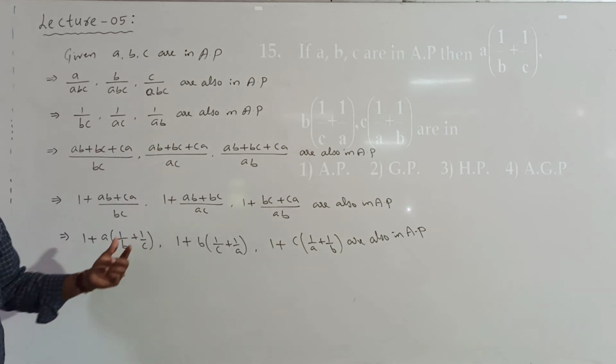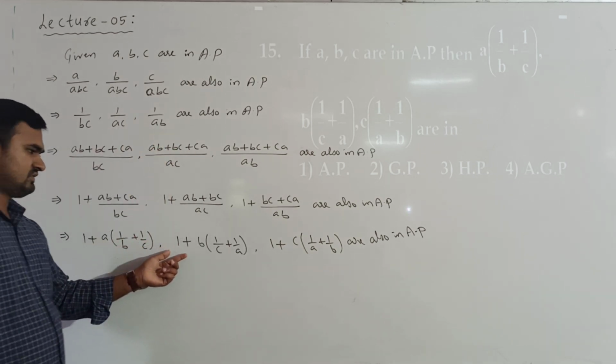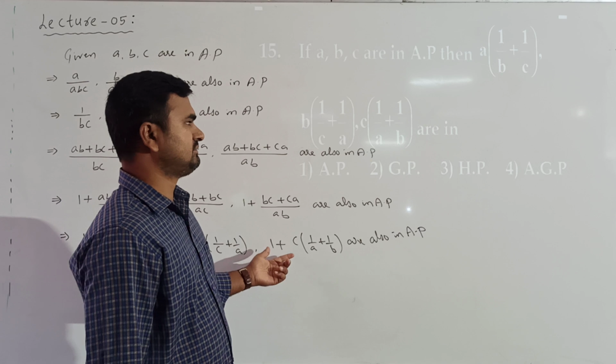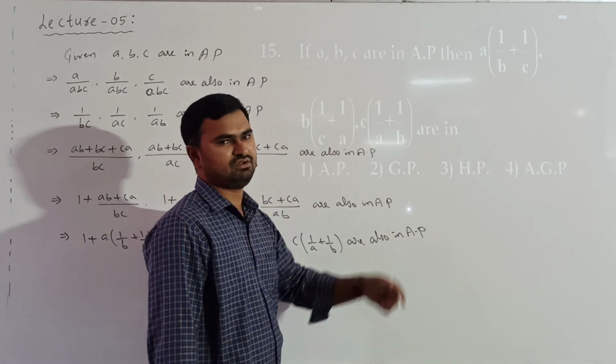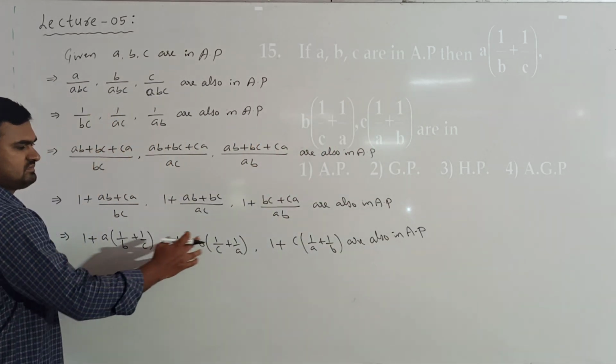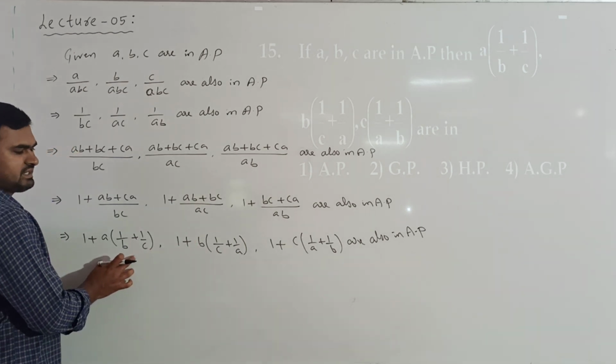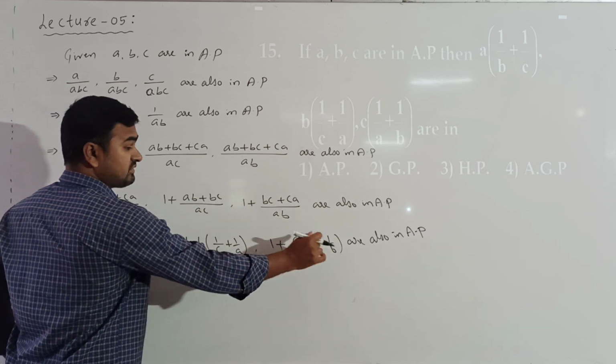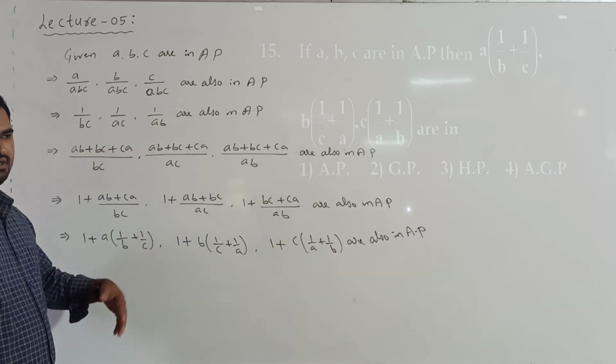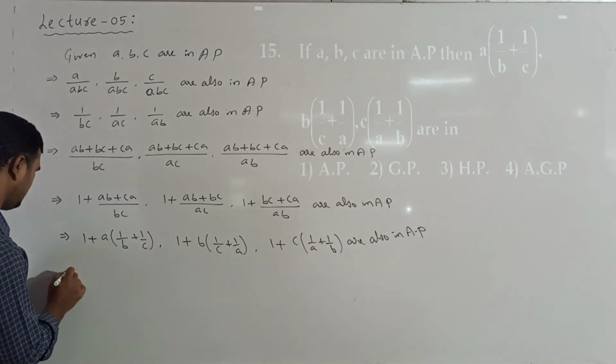So if you observe the terms, in each of the terms we have 1 plus, but we don't need 1 here. So from each of these terms in AP, we subtract 1. Again, if I subtract some constant from each of the terms of an AP, the resulting sequence will be AP only.